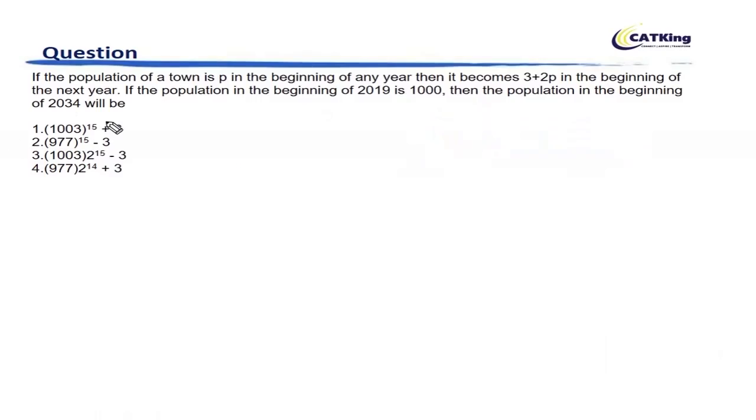Population of a town is P in the beginning of any year. Then it becomes 3 plus 2P in the beginning of the next year. So from P, it becomes 3 plus 2P. Right?